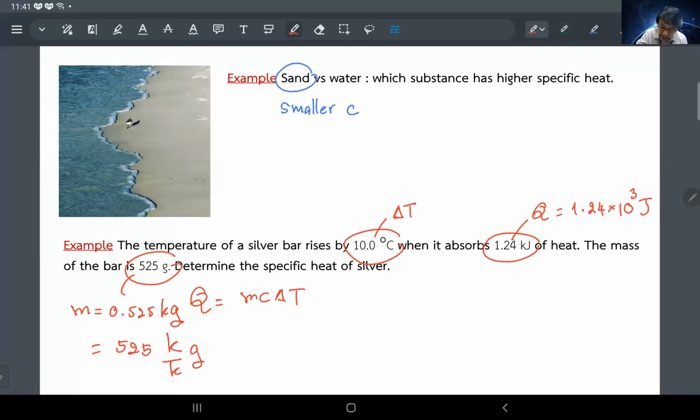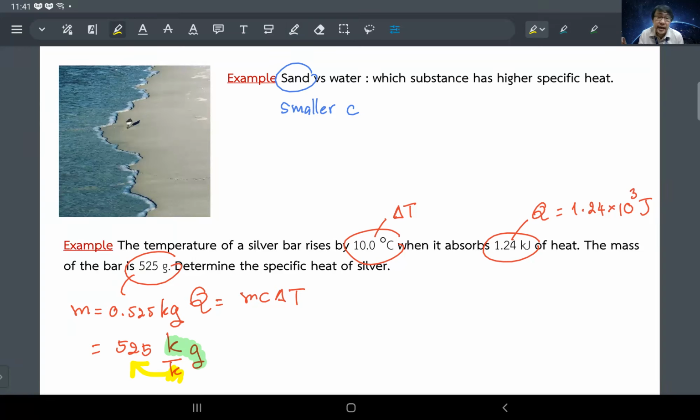Then I keep kilogram as my final units, and I bring that K, plug it in with the 525. That's why I have to divide it by K, and K is equal to 1,000. So I ended up with 0.525 kilograms.